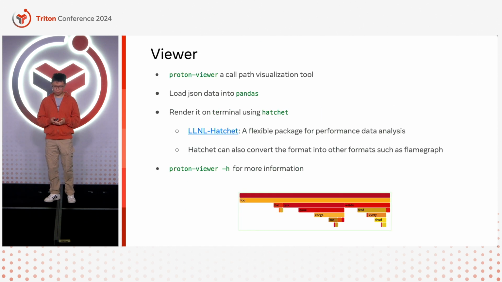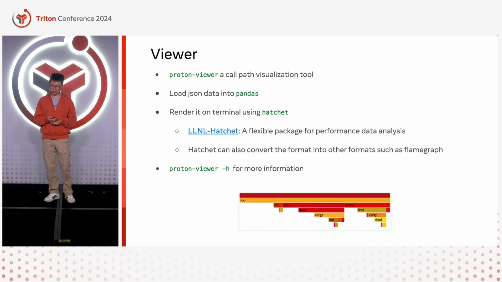We use another tool called Proton-Viewer as a visualization tool. It loads the JSON profile data into a Pandas-compatible format and renders it on the terminal using Hatchet, which is a flexible package for performance data analysis. It has been maintained by Lawrence Livermore National Lab.